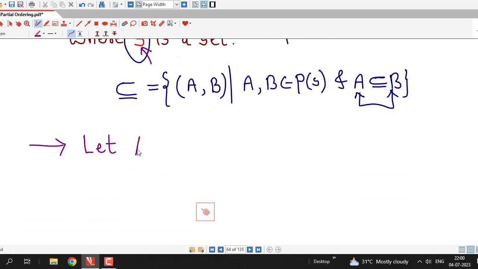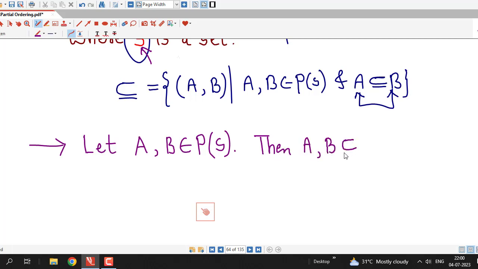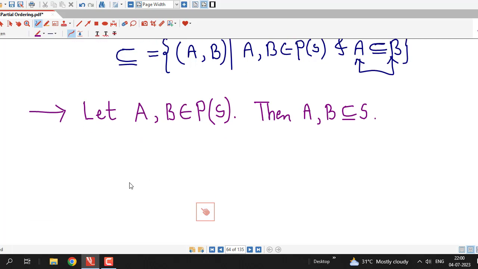So we consider arbitrary elements in the power set. Let A and B be any two elements in the power set of S. This means A and B are subsets of the given set S, and we have to check whether the least upper bound and greatest lower bound exist for these two arbitrary subsets of S.